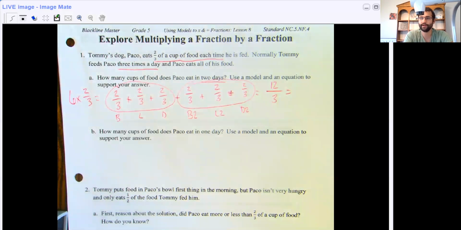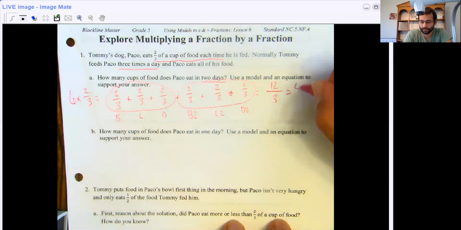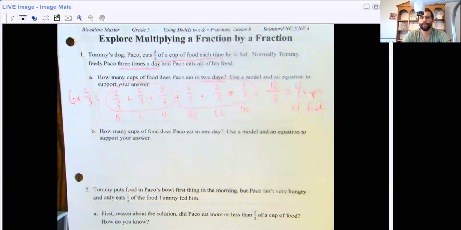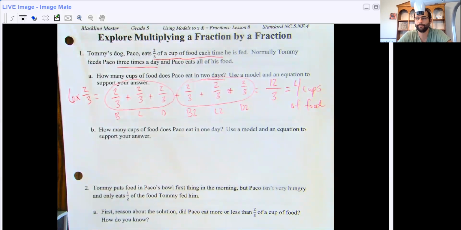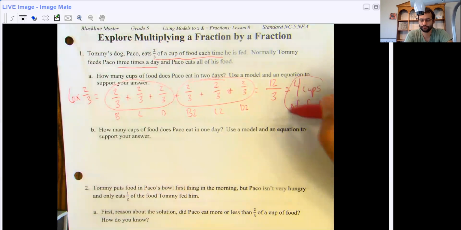So skip count by 3. 3, 6, 9, 12. 4 times. So I know that Paco eats 4 cups of food over 2 days.